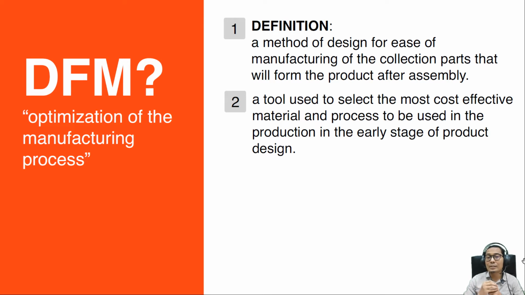And then DFM is a tool used to select the most cost effective material and process to be used in the production in the early stage of the product design. So it is crucial for you as the product designers or the design team members to select the most cost effective material and processes that you will use in the production to produce the product.